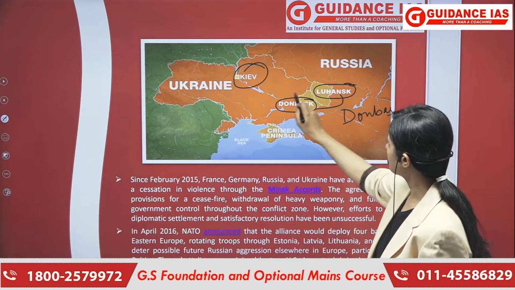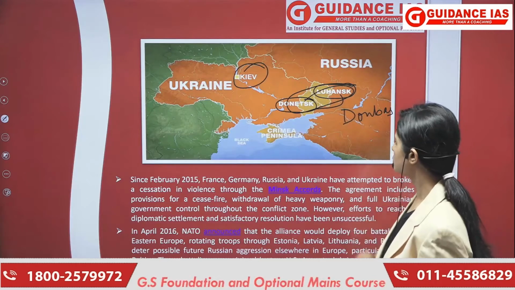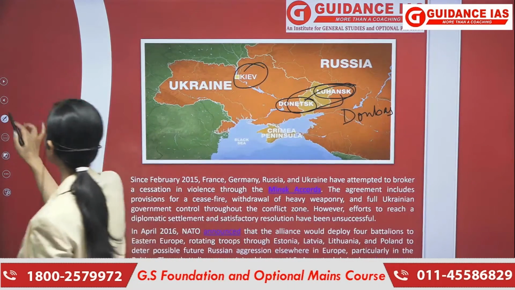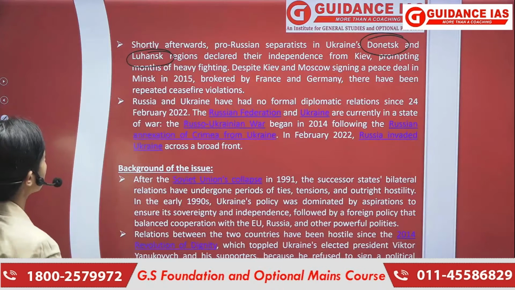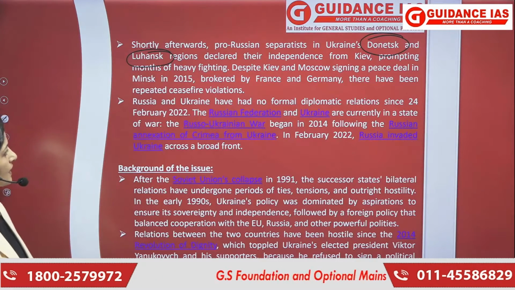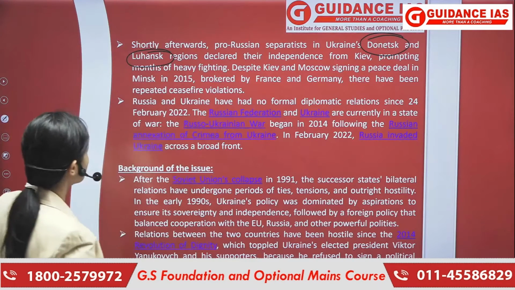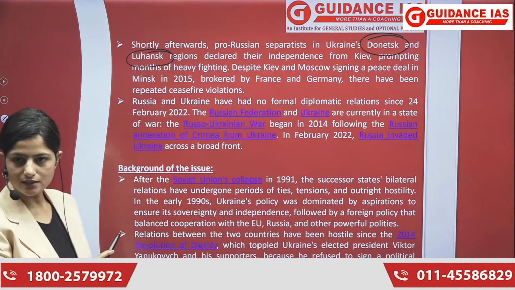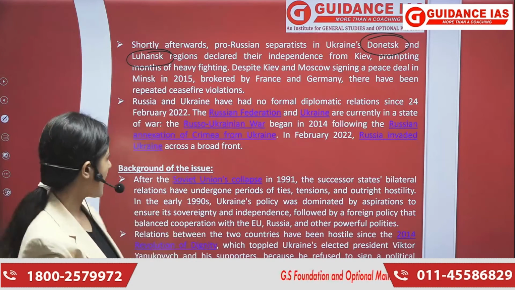So these are the separatist nations, or the independent nations, from Ukraine. These are the two regions I am talking about. I just wanted to show you in the map. So these two regions declared independence from Kyiv, which is the capital of Ukraine, right? Again, this is the third reason why all of this is happening.